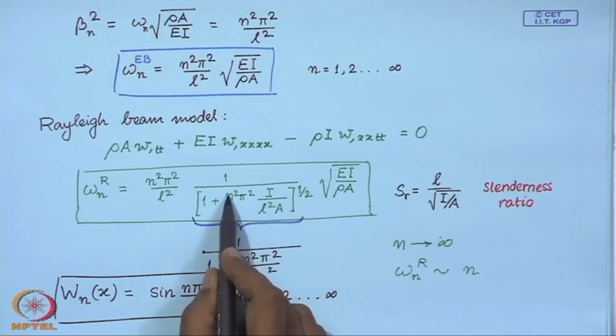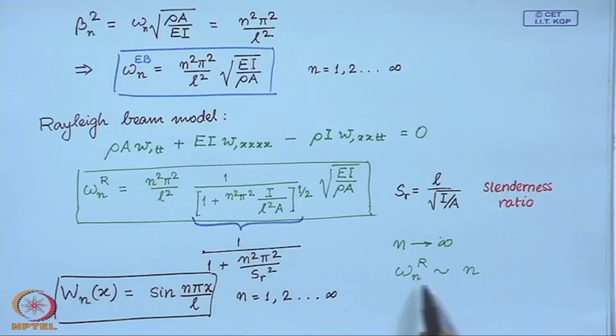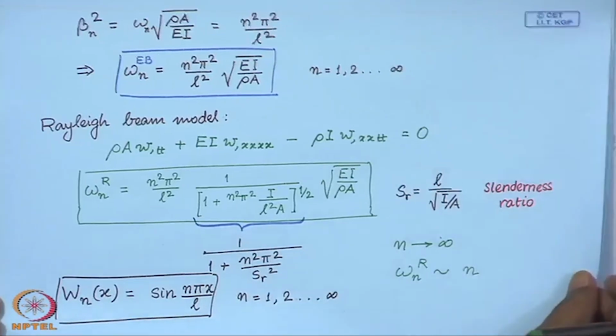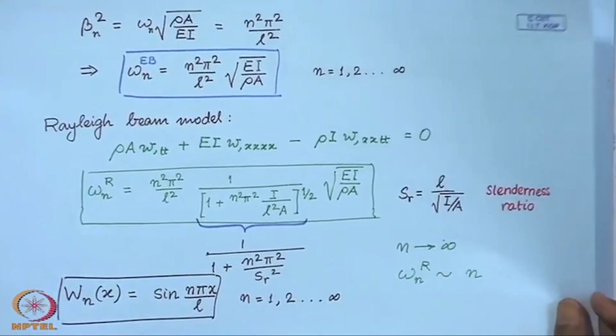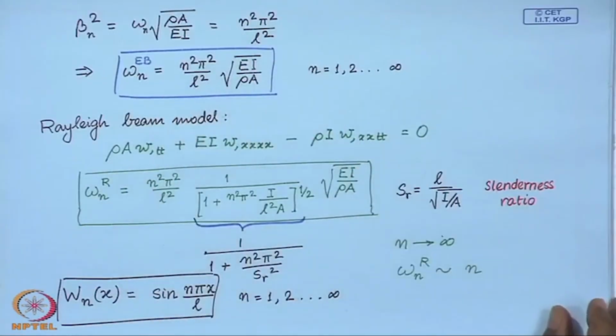The square root of this will be n, since there is an n square. So, the Rayleigh beam circular natural frequencies become proportional to n as you go to higher and higher modes, whereas for the Euler-Bernoulli beam it increases as n square, as you can see here.